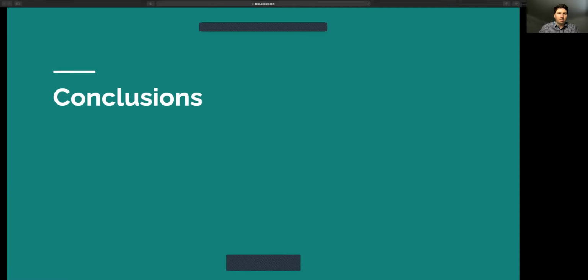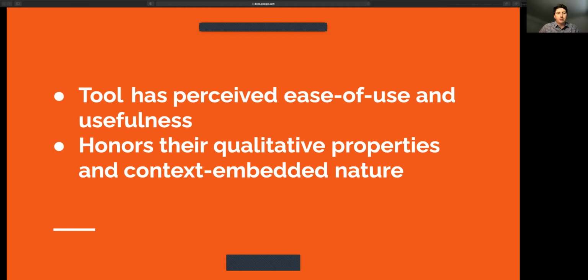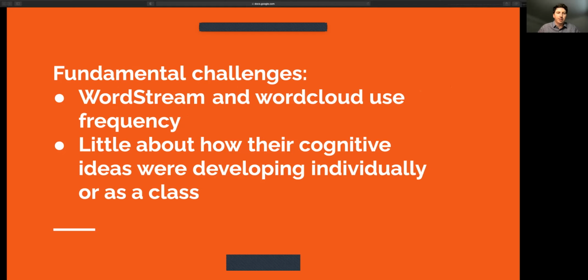And so in conclusion, our conclusions are that the tool has perceived ease of use and usefulness, and they do honor the qualitative properties by showing the context embedded nature of the data and allow a rich exploration and drill down. But there are some fundamental challenges that still exist.